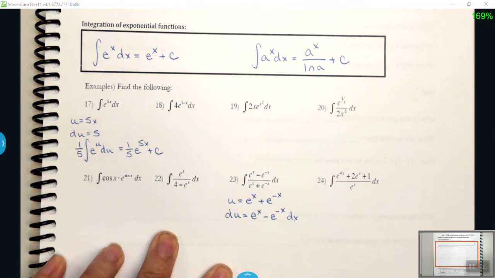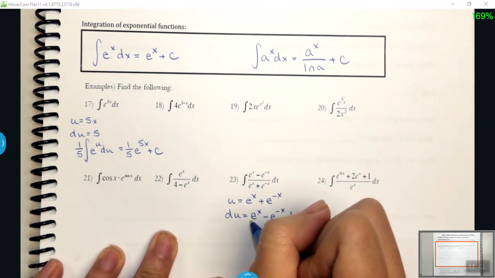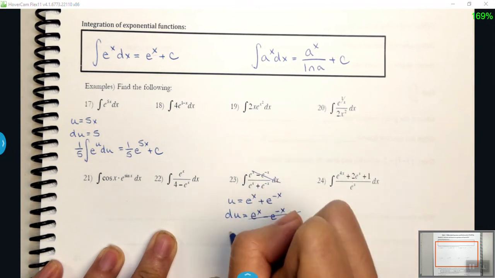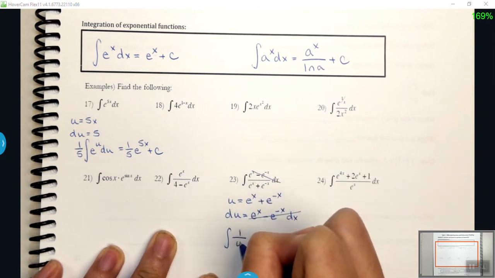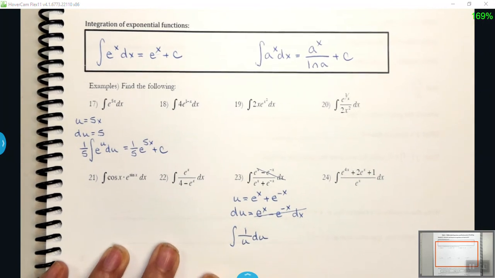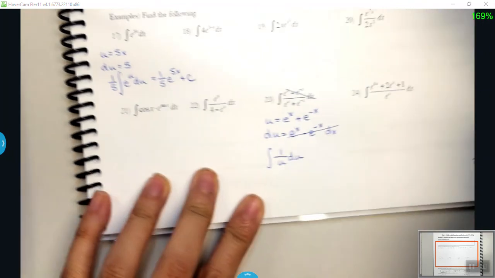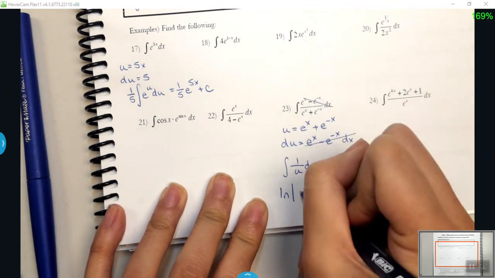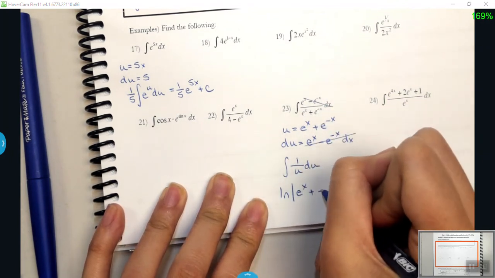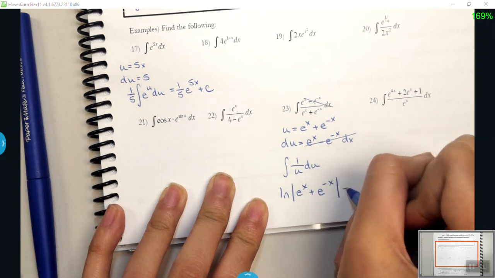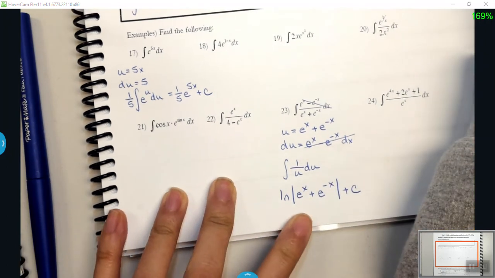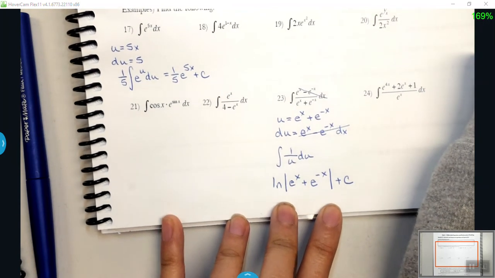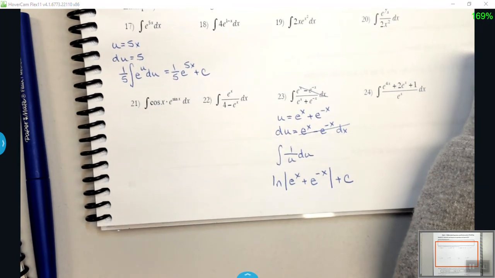Oh, and that's beautiful, right? Because that's up here. So that cancels with that one. So it's really just integral of 1 over u du. And then the integral of that is natural log. That is wonderful. Plug this back in, because we have an indefinite integral. And then plus c. Although, I don't need the absolute value here, because technically the inside is always positive anyways.